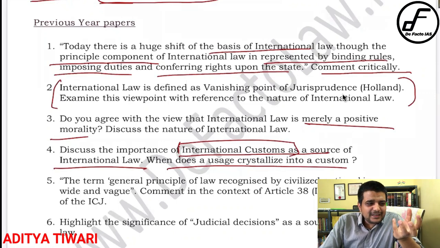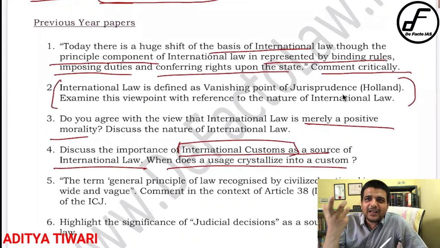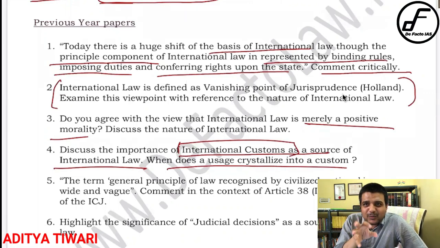Why? Because it is formed not by a politically superior or politically sovereign, but by the people naturally. So custom is also natural. The same argument can be applied in international law: custom is the most comfortable law which a state can bind itself to. So that is the second importance.